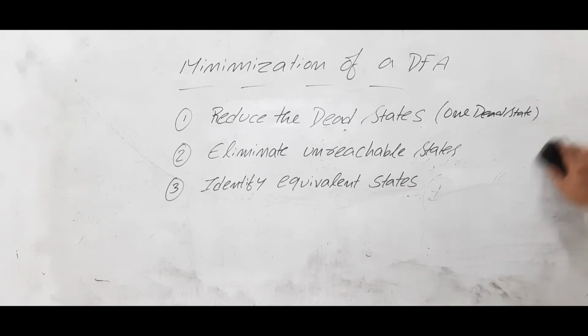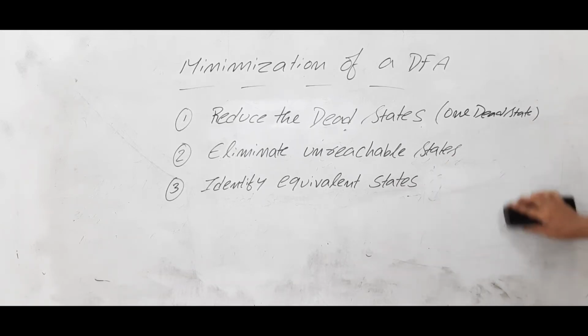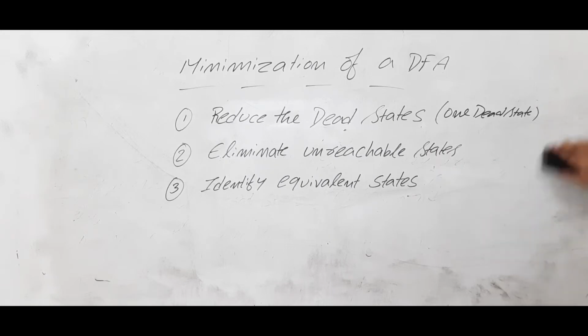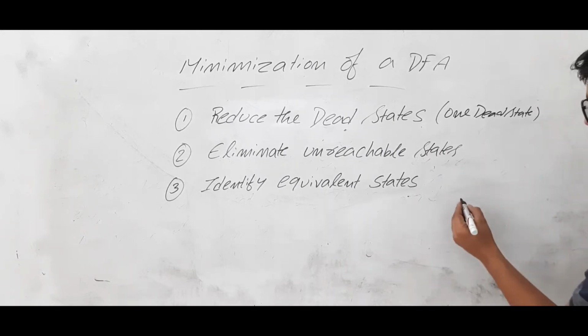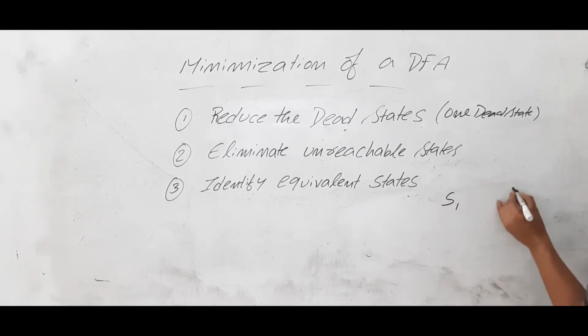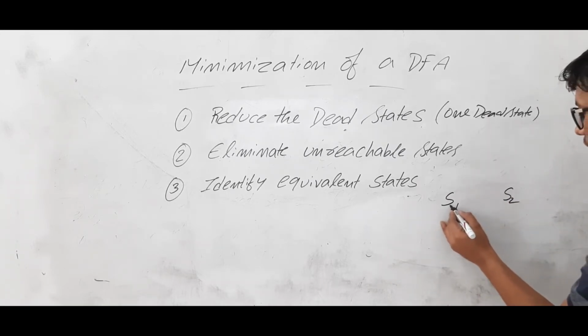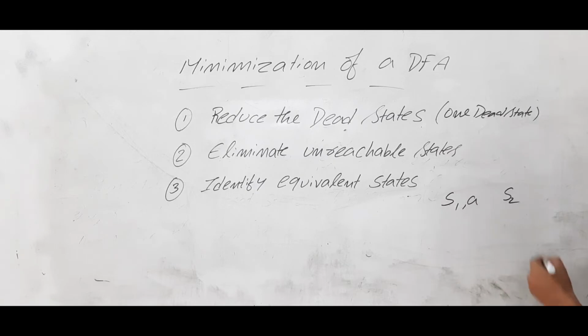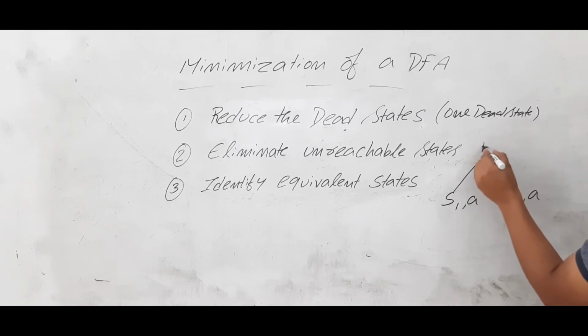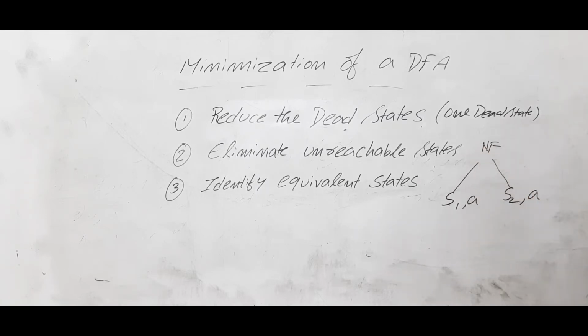Now when can I say that two states are equivalent? Let's take that I have state 1 and state 2. State 1 on input alphabet A and state 2 on input alphabet A, if they are going to some non-final state, is it clear?